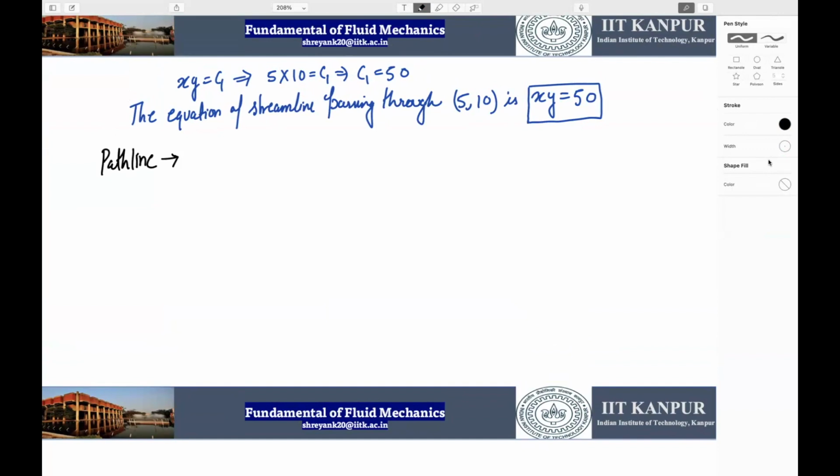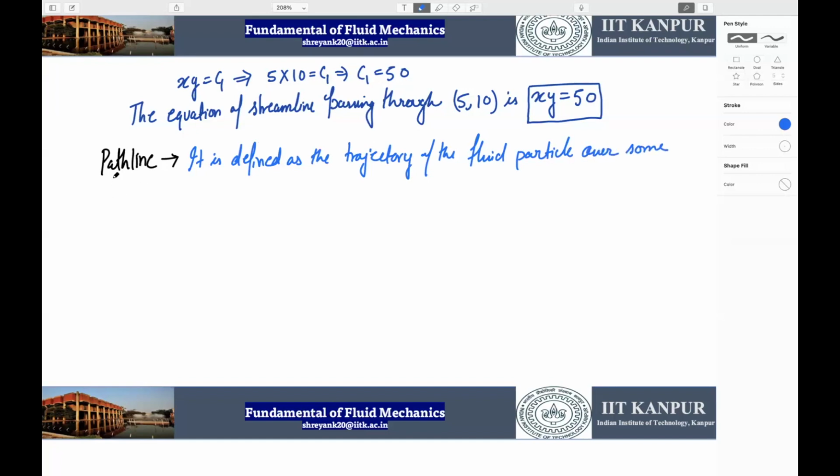So a path line is fundamentally defined as the trajectory of the fluid particle over some time period.